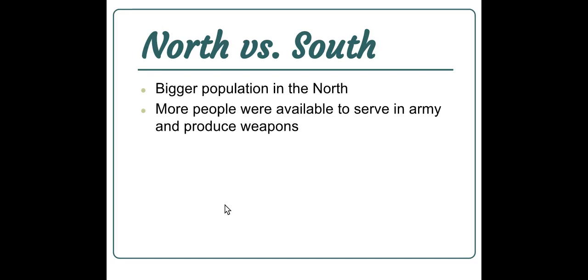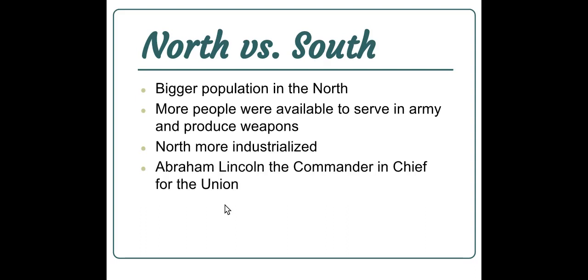So, what that means for the North is there's going to be more people available to serve in the Army to produce supplies and weapons. The North is also going to be more industrialized, and that's going to help us because we have that industrialization to make the supplies, make the weapons. Abraham Lincoln is going to be the commander in chief for the Union, and people feel that he is a great representative and he's the great person to be president of our country at this time.